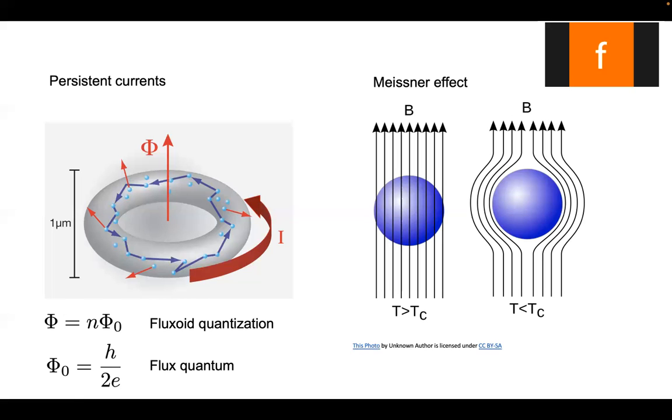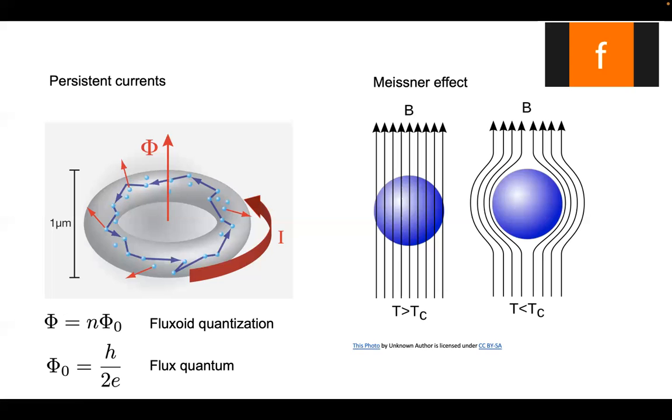But below the critical temperature, there is establishment of superconducting currents on the surface, and those superconducting currents create opposite magnetic flux. So when you study the electromagnetic behavior of a superconductor, this is essentially the behavior of a perfect diamagnet.